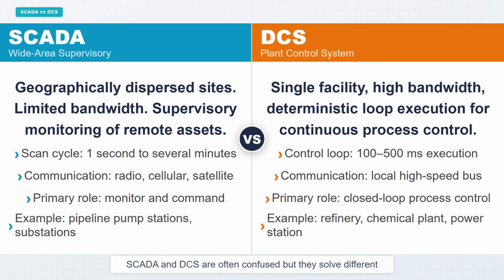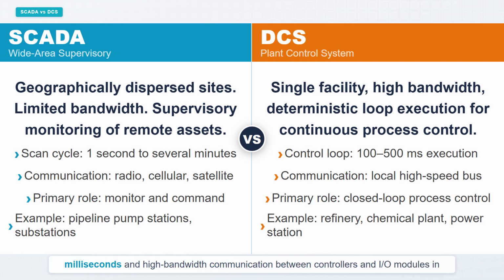SCADA and DCS are often confused, but they solve different problems. A DCS, or distributed control system, is designed for continuous process control in a single facility, a refinery, a chemical plant. It has tight, deterministic control loops running in milliseconds and high-bandwidth communication between controllers and I/O modules in the same cabinet room.